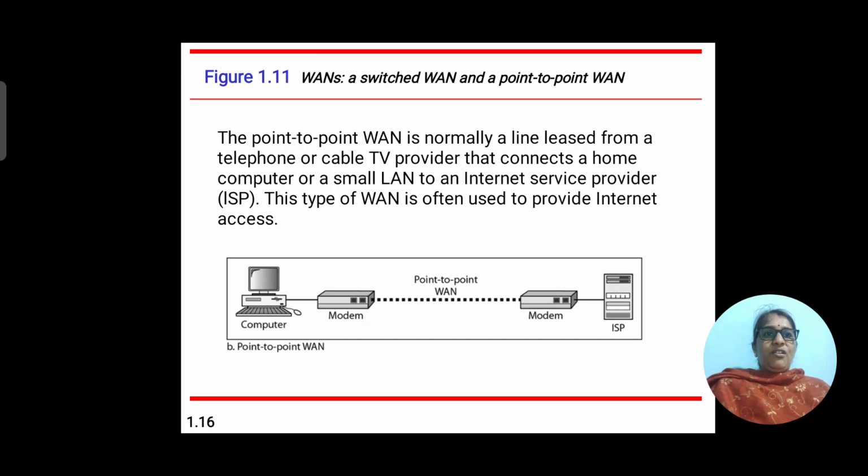As we all know, in early days at our home, we used a modem with our telephone, and from that we connected our computer. That system is nothing but a point-to-point WAN connection. As shown in this picture, the computer is connected to a modem, then point-to-point WAN, again a modem, and again the ISP, internet service provider.